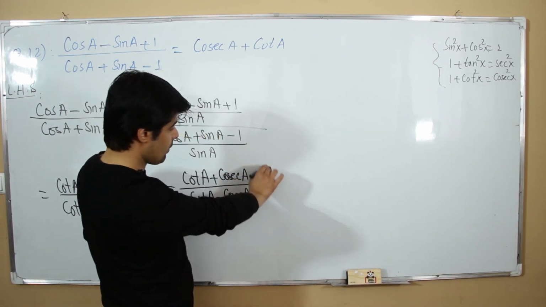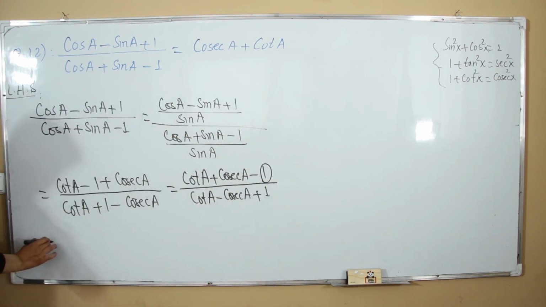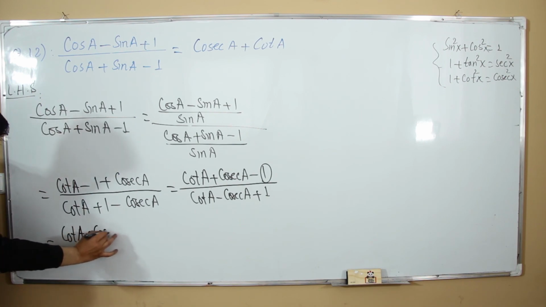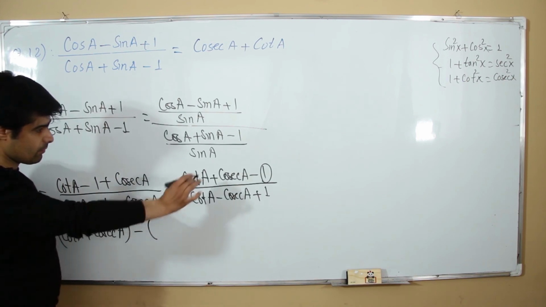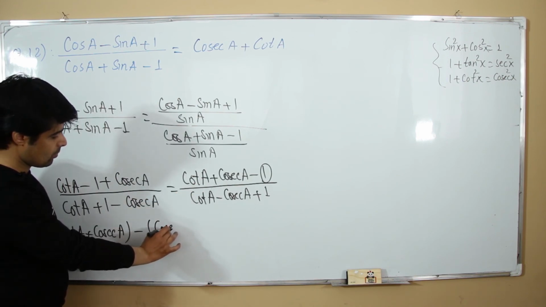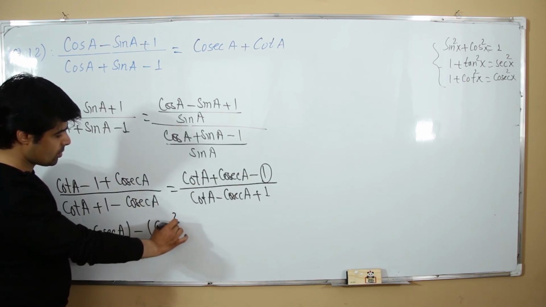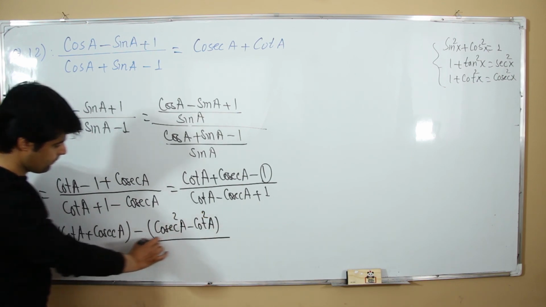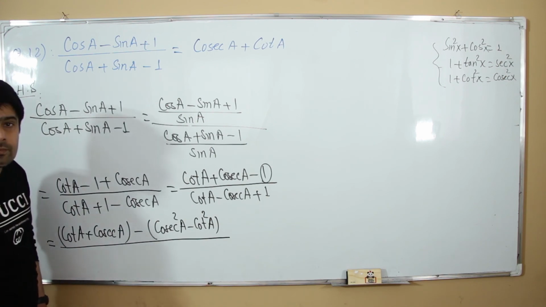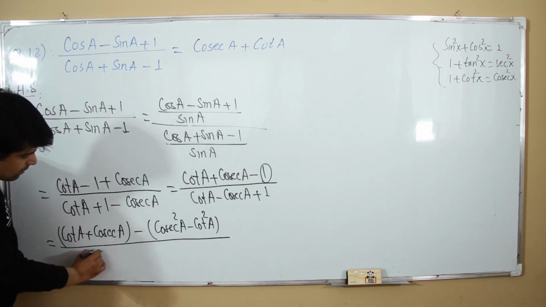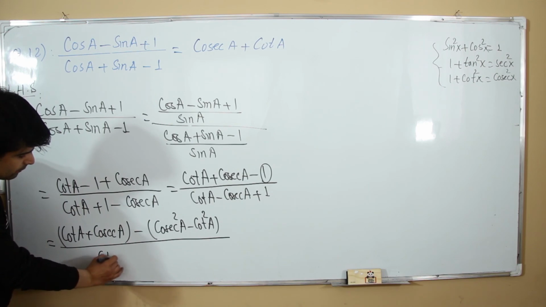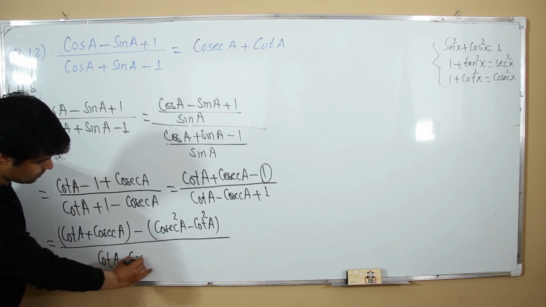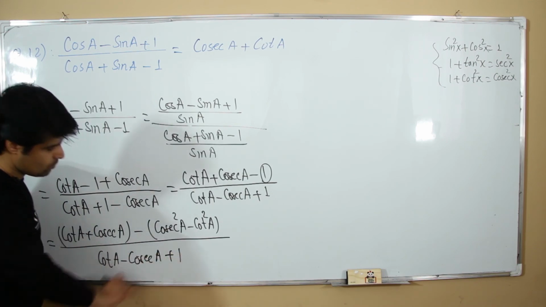So instead of 1, I will write cotangent a plus cosecant a minus, and instead of that one we will write cosecant square of a minus cotangent square of a. Can I do? Yes. Now in denominator we have cotangent a minus cosecant of a plus 1.